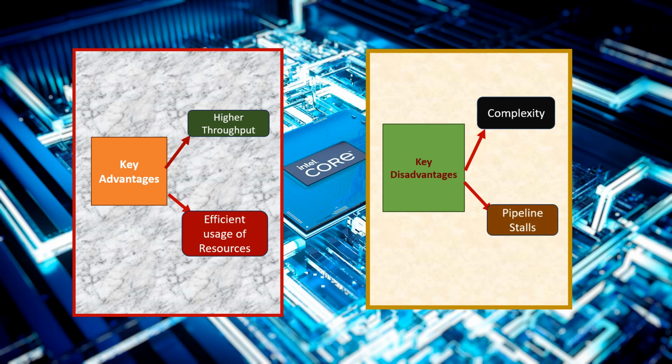And the next is pipeline stalls. Naturally, it occurs when there is some kind of hazard. When the pipeline faces a hazard, the pipeline stalls, so it reduces the performance. This is also a research area, and a lot of research is going on to handle this.